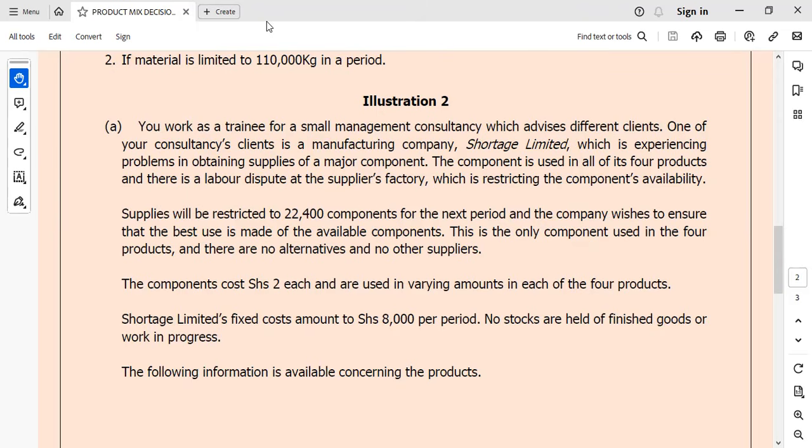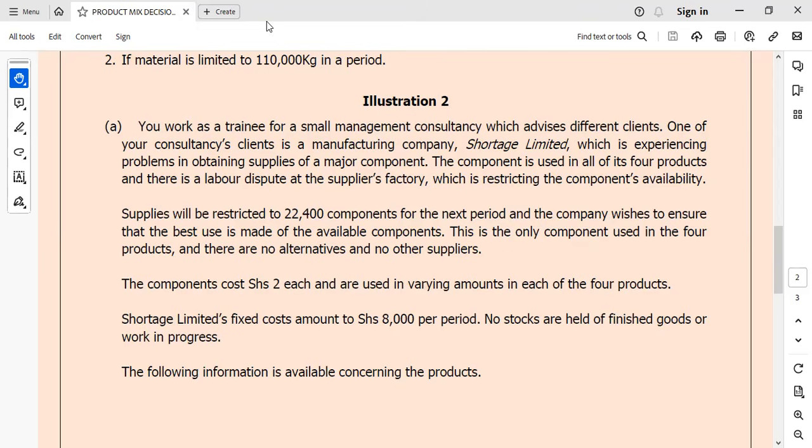and the company wishes to ensure that the best use is made of the available components. Now, this is the only component used in the 4 products, and there are no alternatives and no other suppliers.